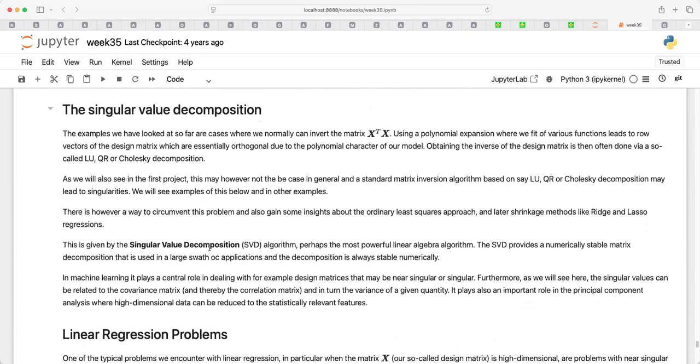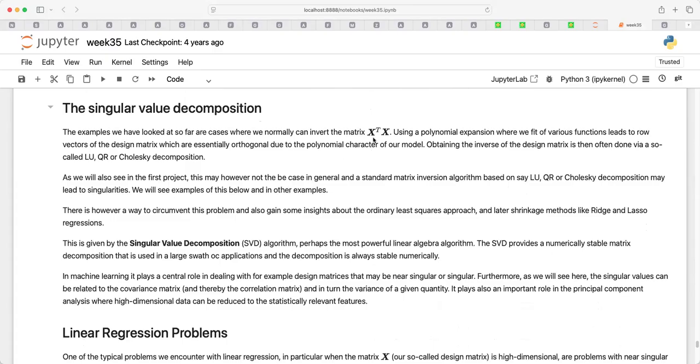If you look at the matrix X transpose times X, when can I not invert this matrix? What kind of properties would you look for when you cannot invert it? Yeah, when the determinant is 0. That is one of the properties.